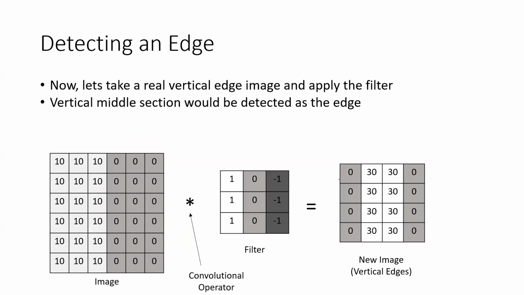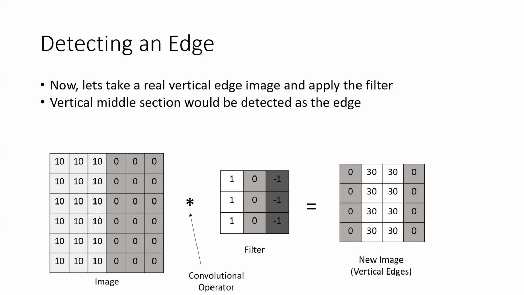So let's move into an example where you are going to detect a vertical edge, right? You can use a similar kind of filter. In this image you can see the intensities in the color itself.